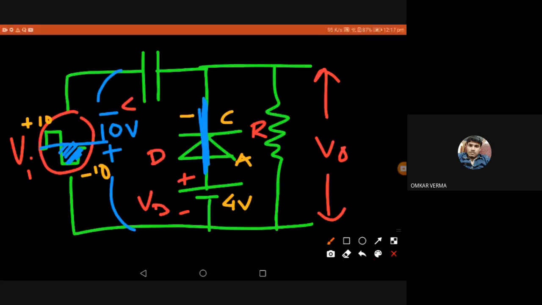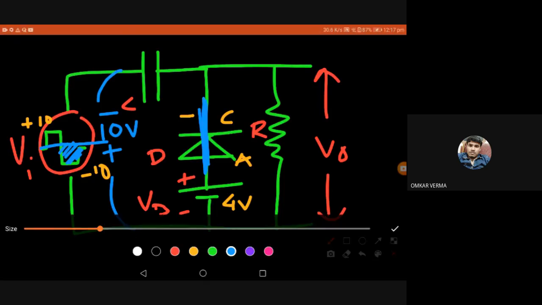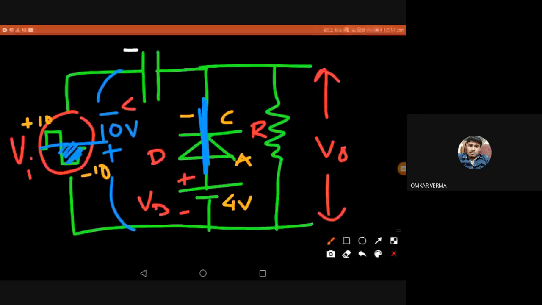Unlike the previous circuit, there is a VB, the bias voltage. Now we can see that both the input as well as the VB are going to affect the capacitor, right? You can see the input is going to give a negative minus 10 plate on the left side of the capacitor. At the same time, we can see the VB.